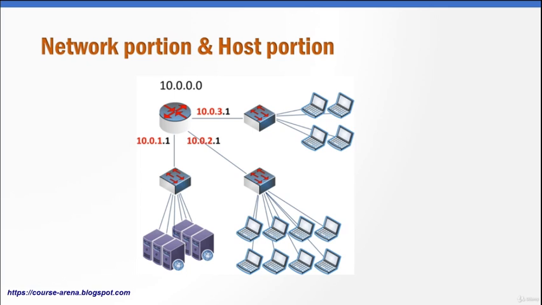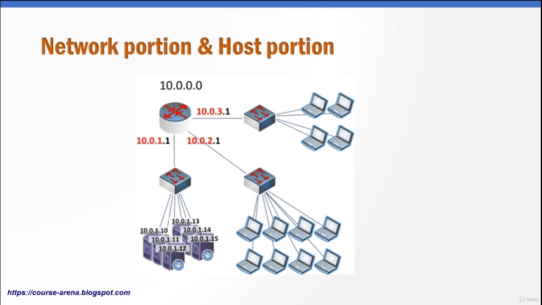Let's look at what IP addresses are going to be assigned to our end devices. The servers are going to have addresses like 10.0.1.10, 10.0.1.11, 10.0.1.13. I hope you can already see the part that's being repeated. So all of these devices are going to have addresses that begin with 10.0.1. That's the network portion.